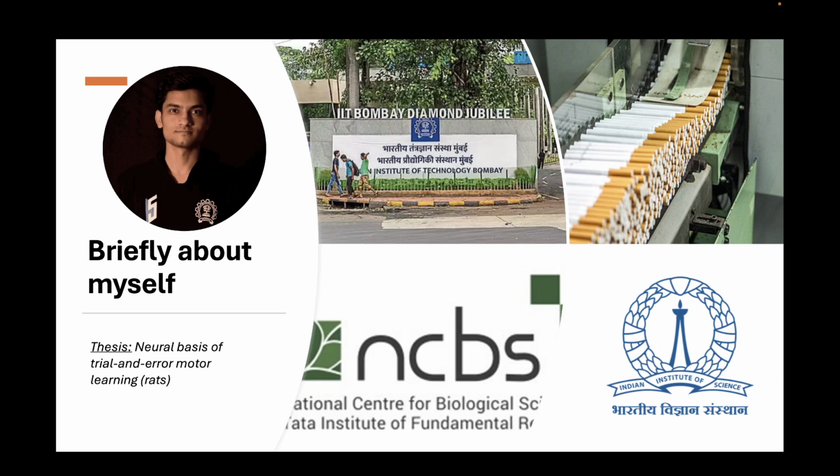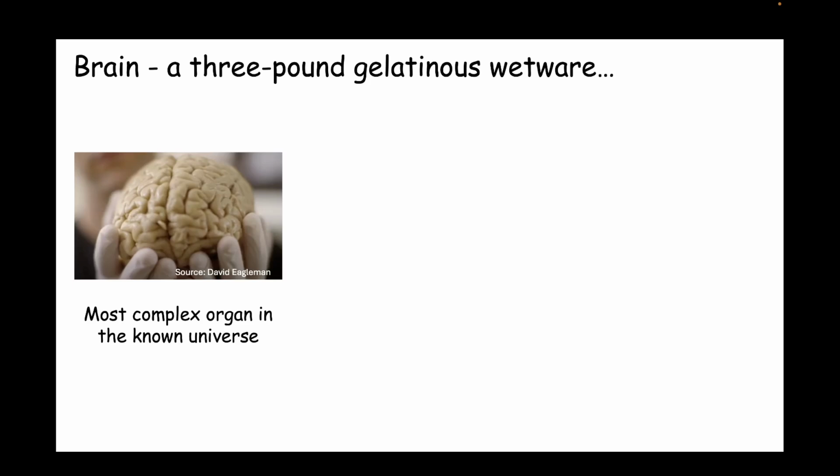Okay, so let's get started now. What you see here is a three-pronged gelatinous wetware, which is known to be the most complex organ in the universe. Can anyone tell me how many cells, neurons, are there in the brain?